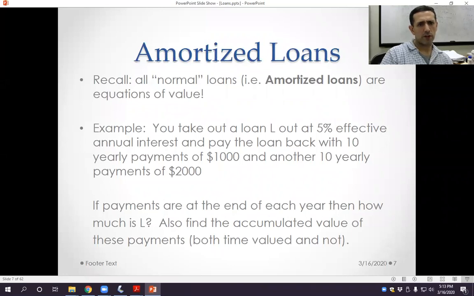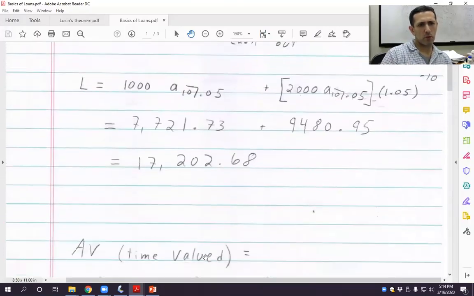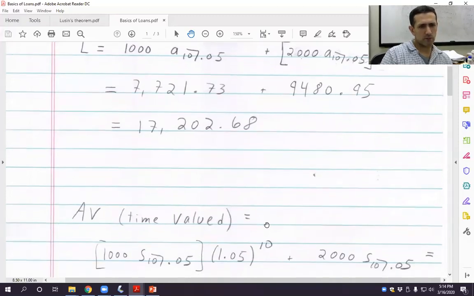And also find the accumulated value of these payments, both time valued and not. If you want the time valued accumulated value, it's basically the same thing, except we're taking accumulated value instead of present value.